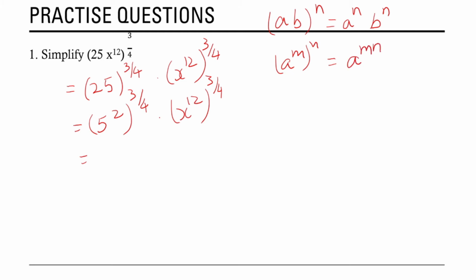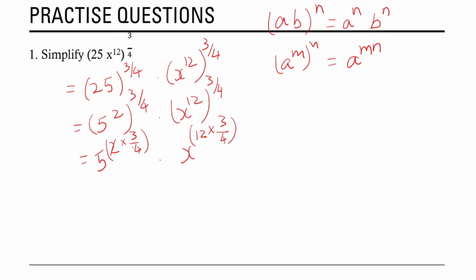So using that, we have 5 square the whole raised to 3 by 4 is 5 raised to 2 into 3 by 4, and here x raised to 12 the whole raised to 3 by 4 is x raised to 12 into 3 by 4.